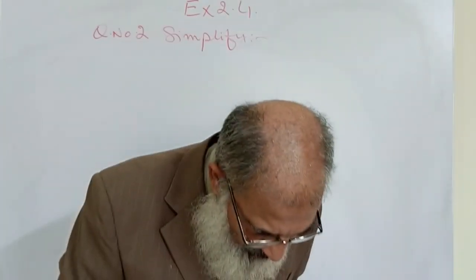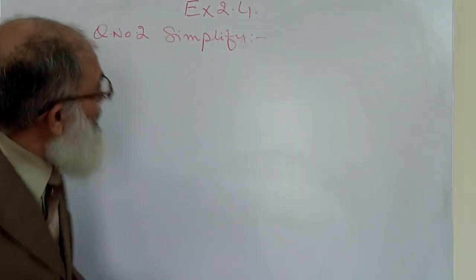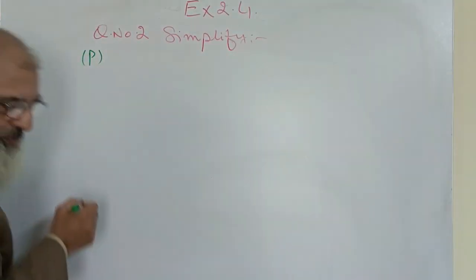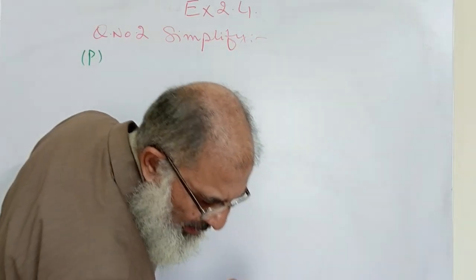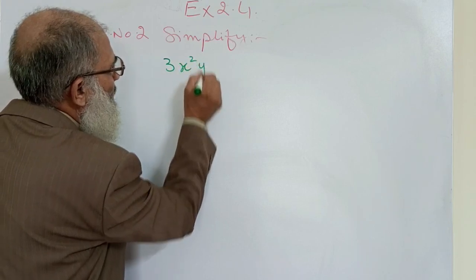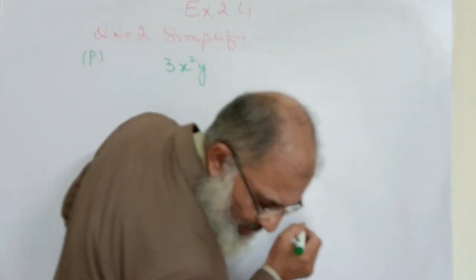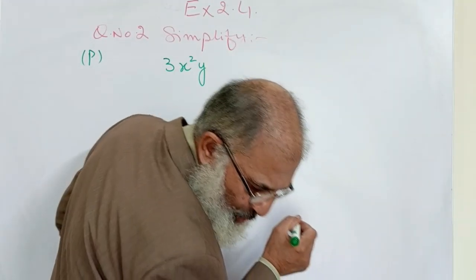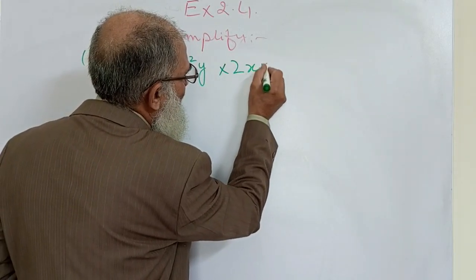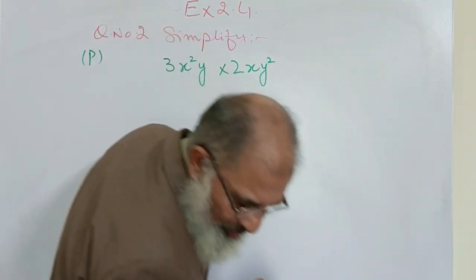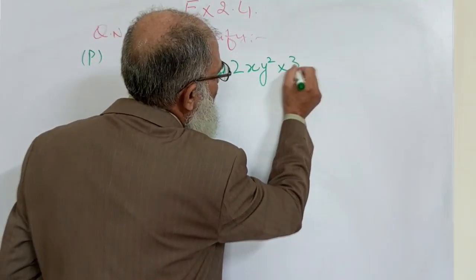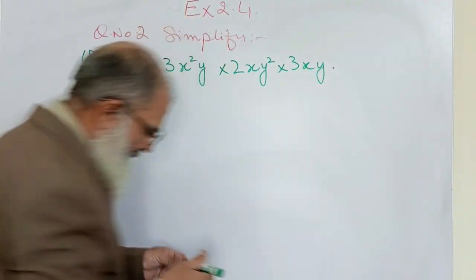Now I am going to solve part P from question number 2. P is 3x square y multiplied by xy square multiplied by 3xy.